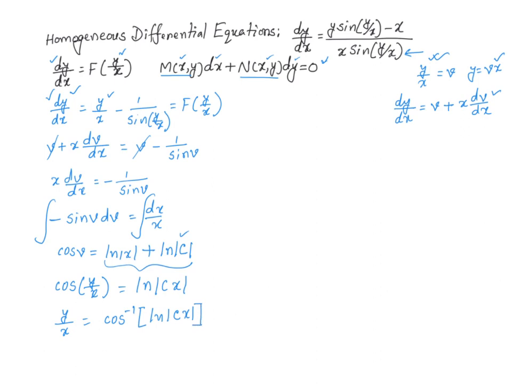Now my final answer, y of x is equal to x times cosine inverse of ln of absolute value of c times x, and close square bracket. This is the solution to this given differential equation.